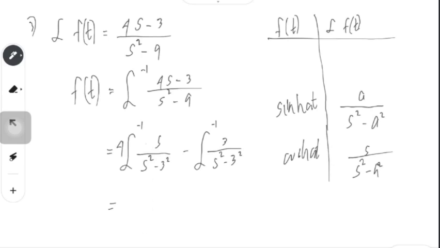And this time, it follows the standard form for the hyperbolic cosine of at, but a turns out to be 3. Minus, this is what? Hyperbolic sine po. So ito magiging hyperbolic sine of 3t. This is now the function of t.